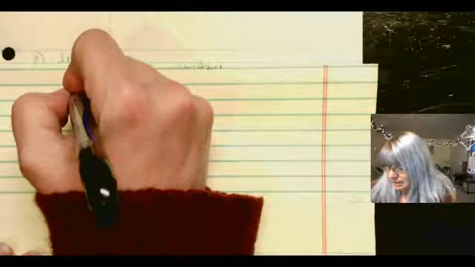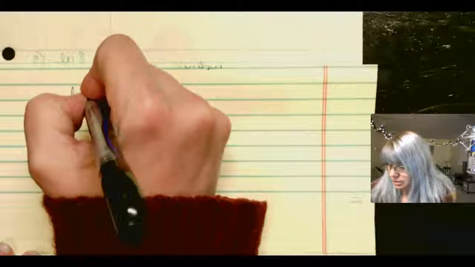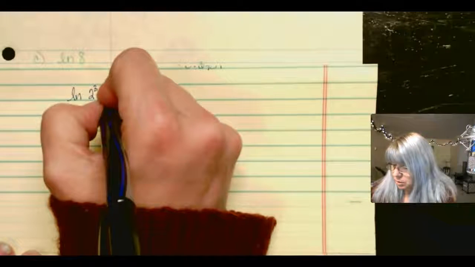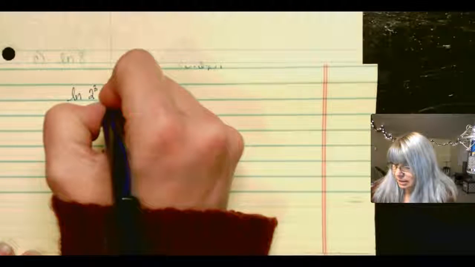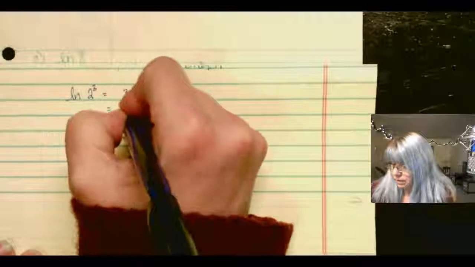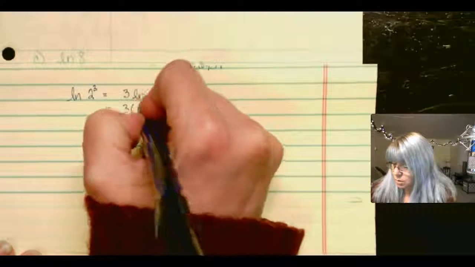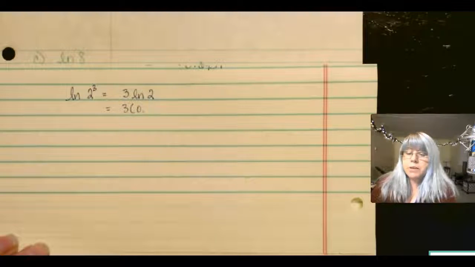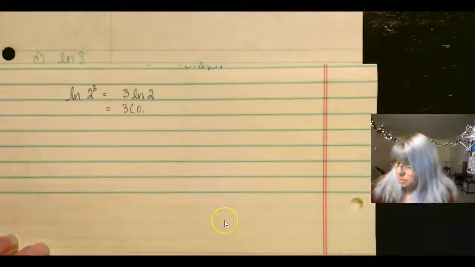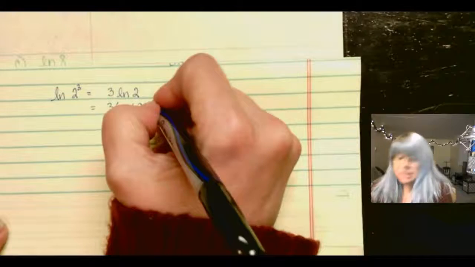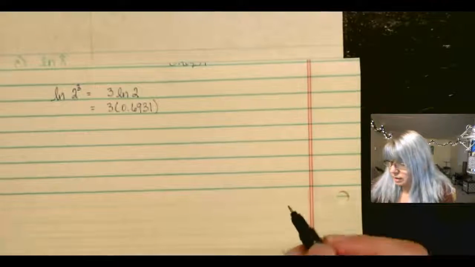All right, let's try the ln of 8. The ln of 8 can be rewritten as the ln of 2 cubed. And using our property, that could be rewritten as 3 times the ln of 2. Since the ln of 2 we were given as 0.6931, I want to make sure I have that right.